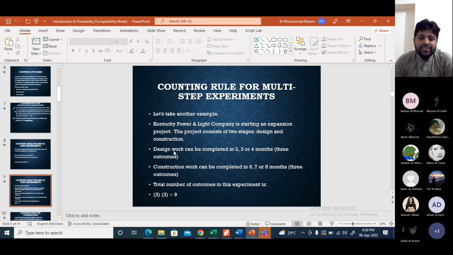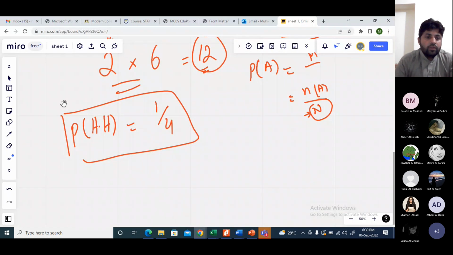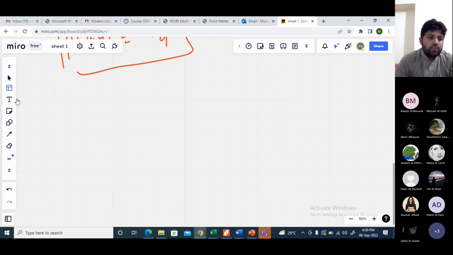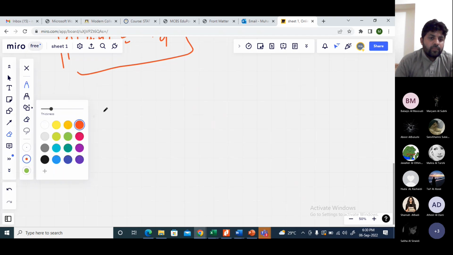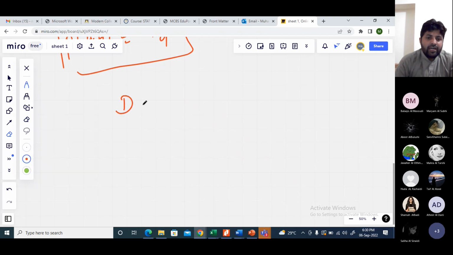So you can see that there are two steps, one is design, another is construction.